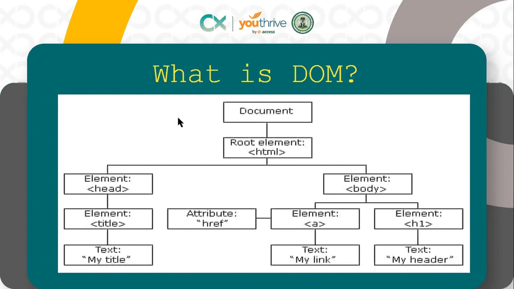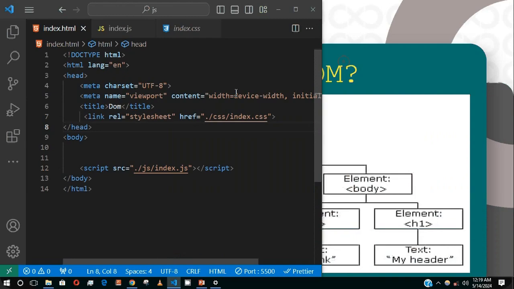So to help us visualize what the DOM is, you notice from the previous slide, it says to access anything in the HTML page, you must pass through the document. So inside the document, you can have access to the HTML element. And if we minimize a little, if you look at this boilerplate here, you see that the HTML tag holds the entire page.